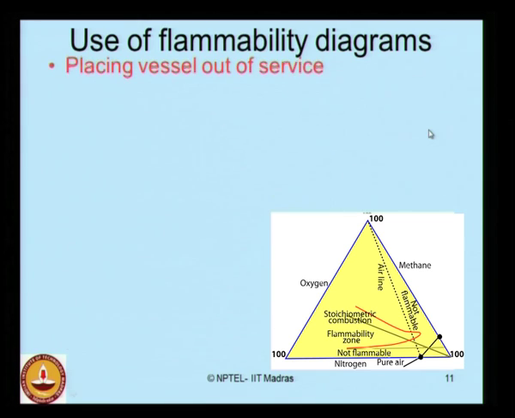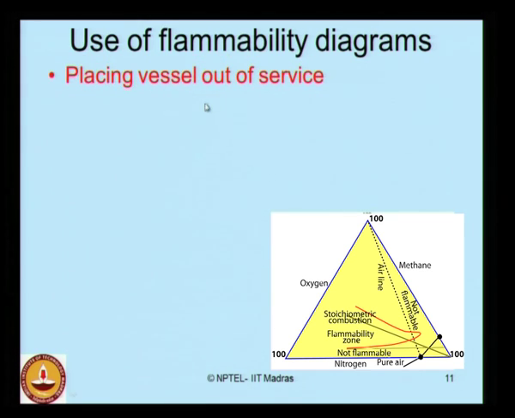Let us for example consider placing vessel out of service. On the right side, what you see here is a typical flammability diagram being plotted for methane as a fuel. As I said, flammability diagram has got 3 arms, 1, 2 and 3. This is what we call as an oxygen arm, this is what we call as a nitrogen arm, this is what we call as a fuel arm.